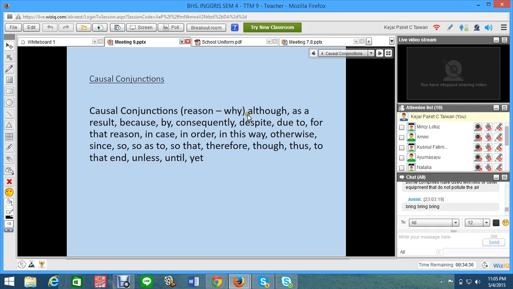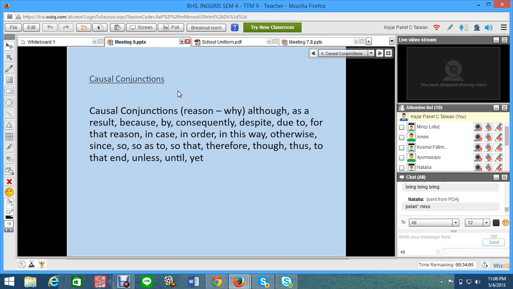Okay, so all these words belong to conjunctions. If the sentence uses one of these conjunctions, it is called causal conjunctions. Okay, you get it?